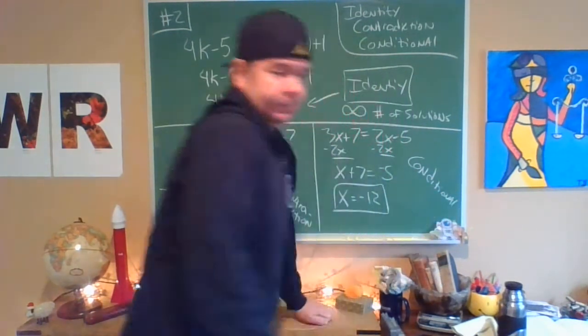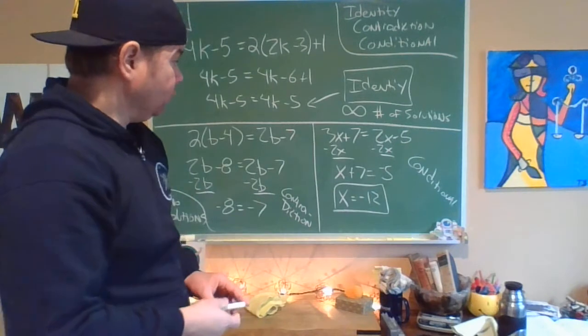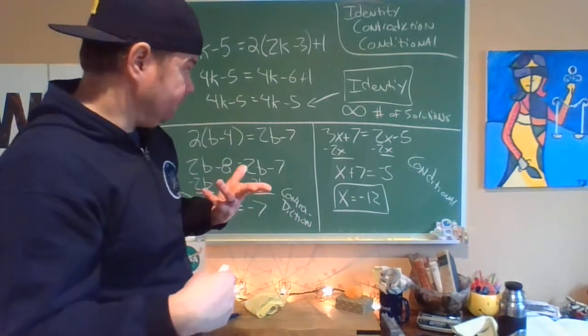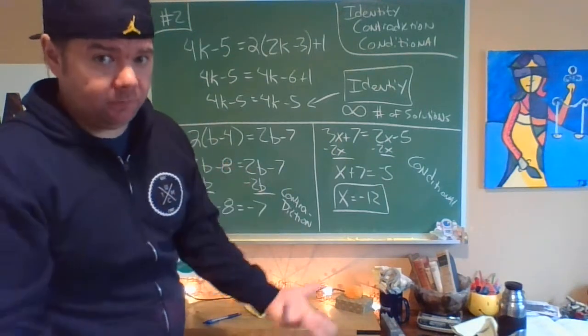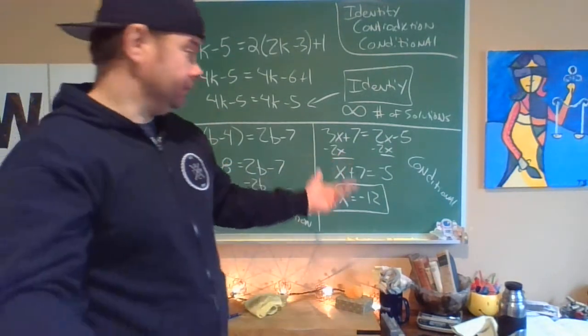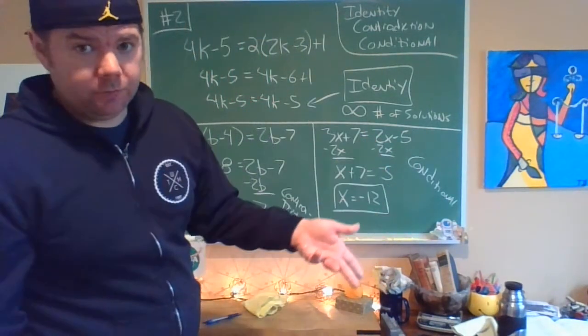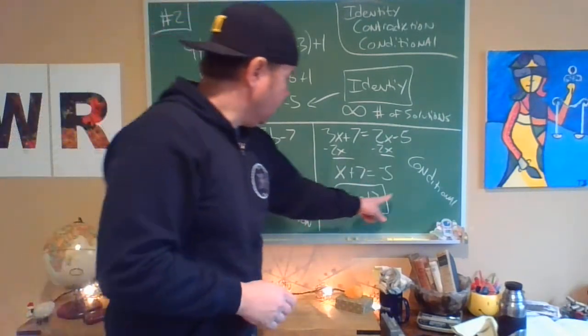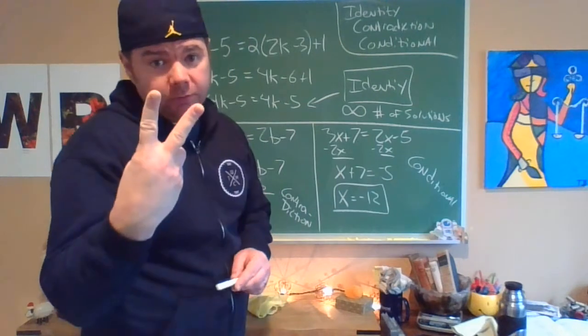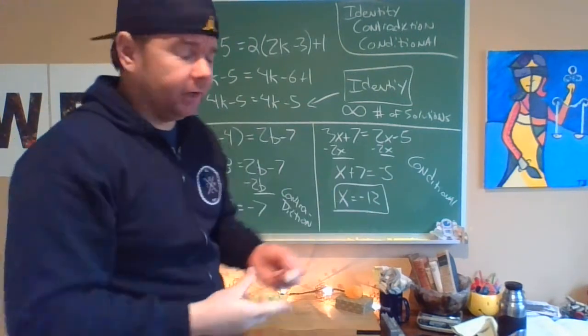A conditional equation is an equation that has solutions, but the number of solutions is not infinite. That's important for when we solve other kinds of equations in the future, like quadratics and other things. Sometimes equations have 2 solutions, or 3, or 4, right?